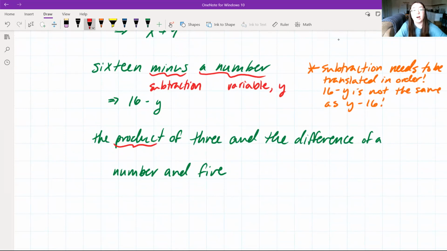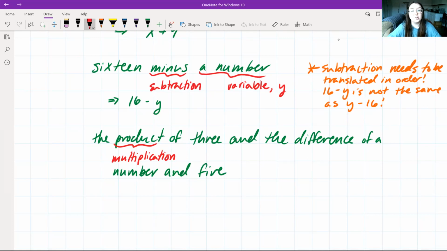If we're dealing with the product, that is identified as multiplication. And if we're multiplying two things together, these two things are going to be separated by the word and. So we have the product of 3 and the difference of a number and 5.